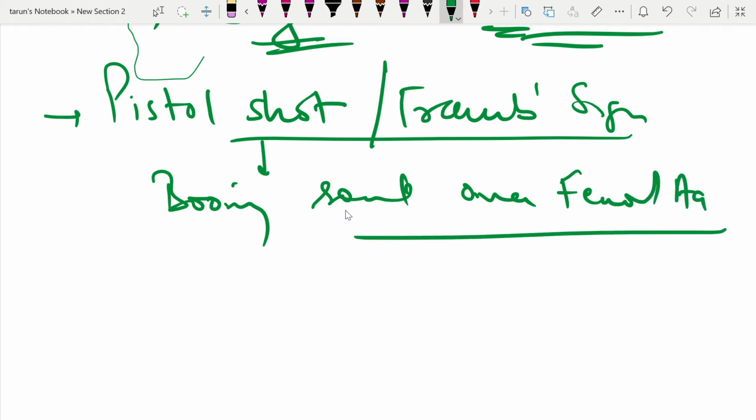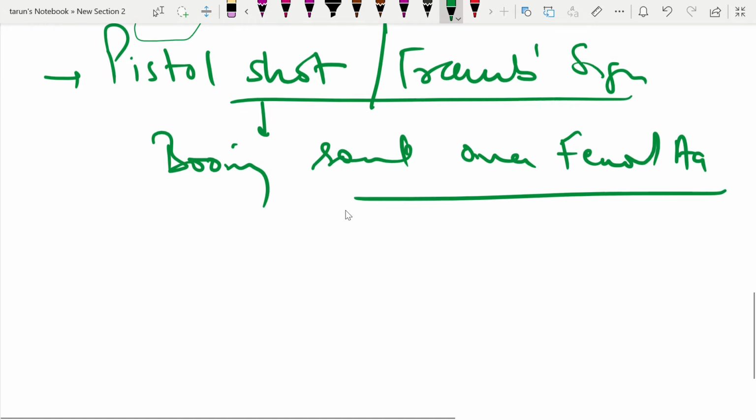That is your Traube sign or the pistol shot femorals. So this is another sign of aortic regurgitation.